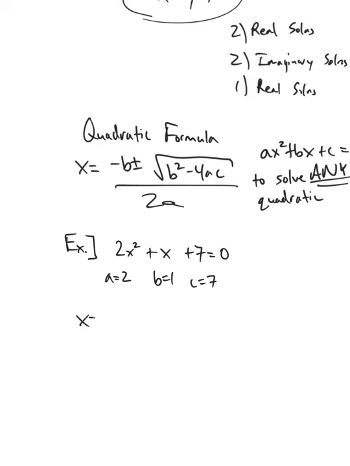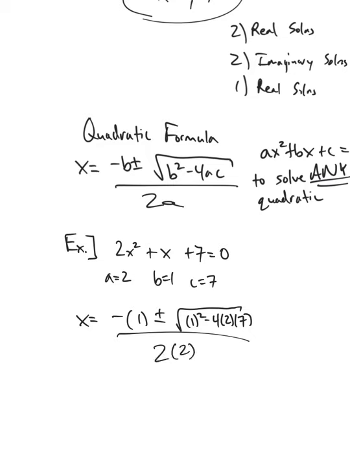So x equals -b, we're going to substitute 1 in for b, plus or minus the square root of b squared, so 1 squared, minus 4 times a, which is 2, times c, which is 7, all over 2 times a, which is 2.